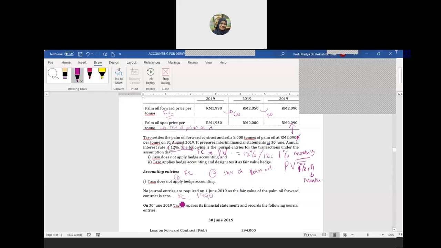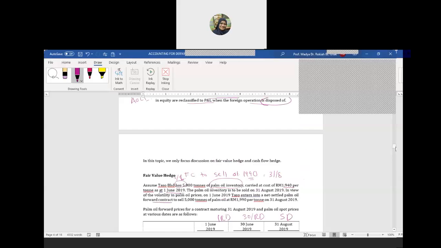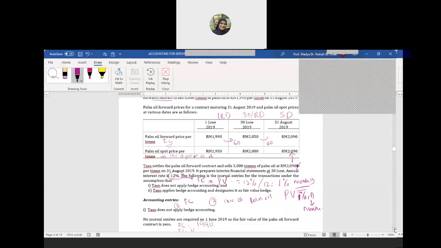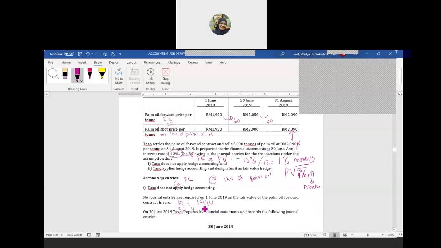The forward contract price on 1st of June is also 1990, so the value here will be 0. When the value is 0, there is no initial outlay, so there will be no journal entry, but you need to provide a memo.